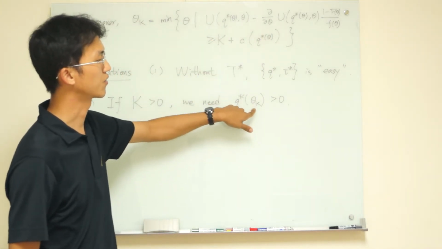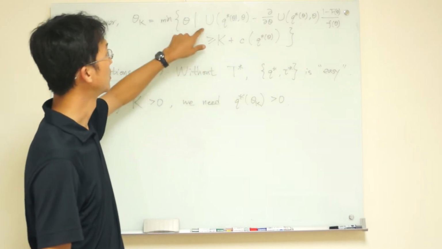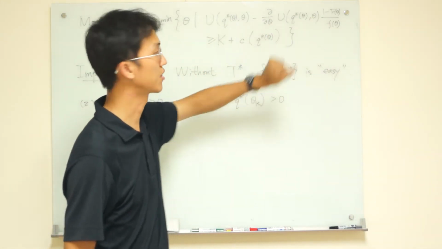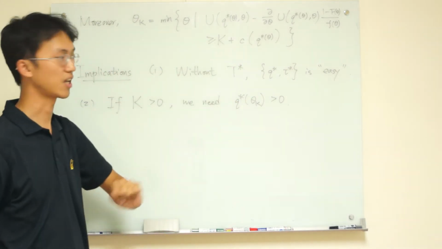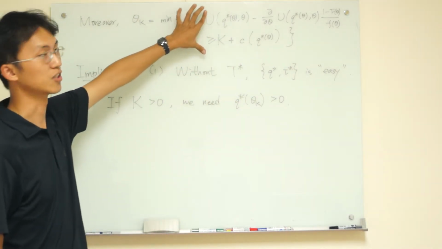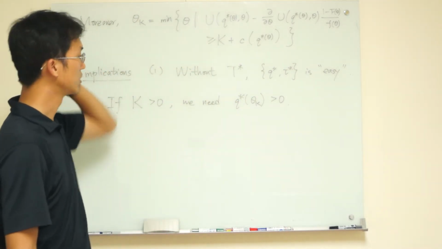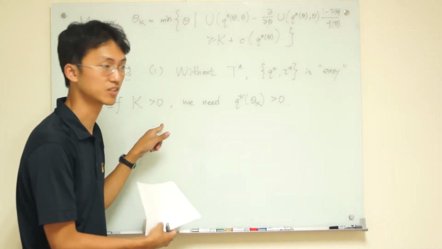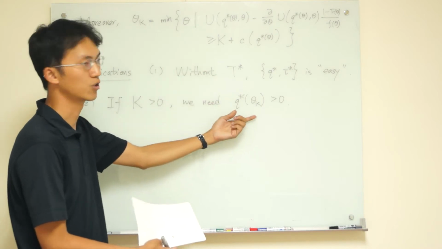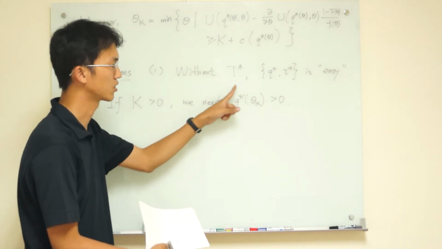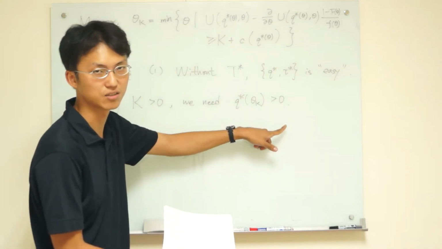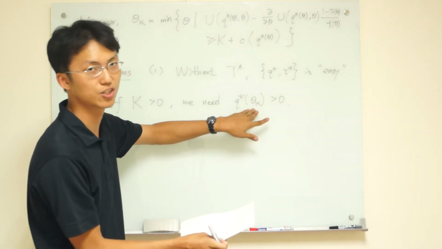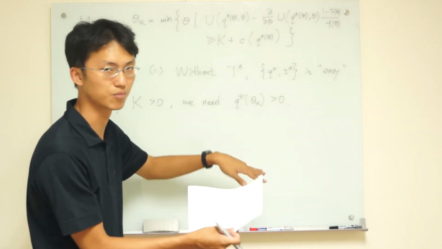If Q star of theta k is 0, then the first part will be 0, the second part will be 0, nothing will be left. You are not able to make an inequality here. So if there is a transaction cost, then we will really need to make Q star of theta k positive. We need to give this particular type a positive amount.